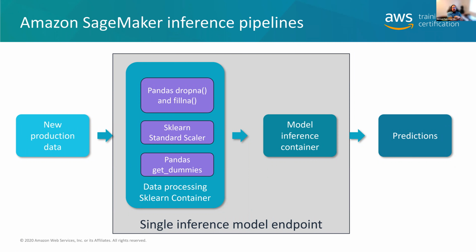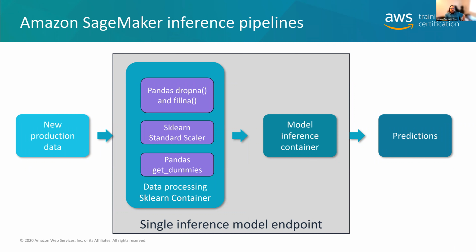So you might want to add some kind of pre-processing to the data points or data batches as they're submitted to you. You could use the inference pipeline to run some code like dummy encoding, the standard scaler, or one-hot encoding. So just know that you can put pre-processing before your production inferences.